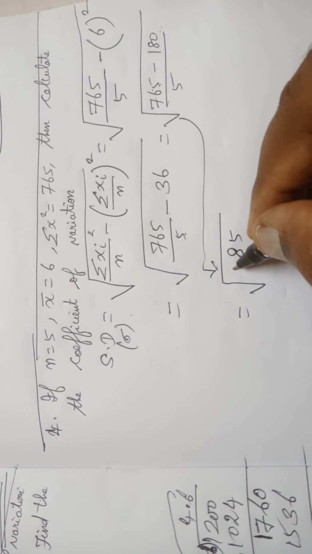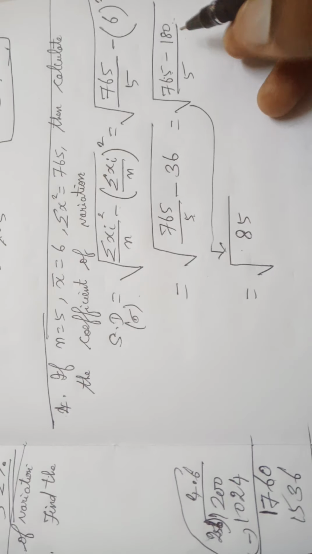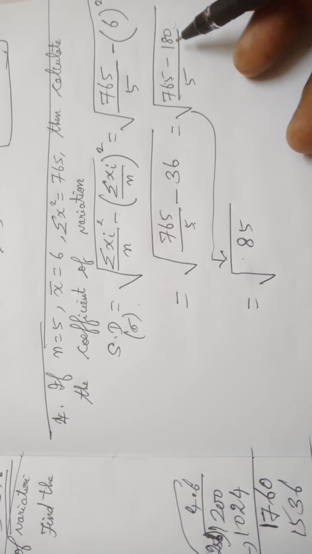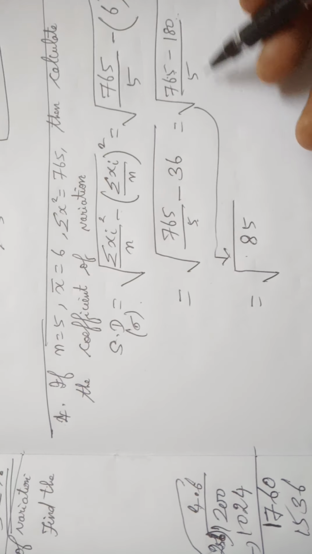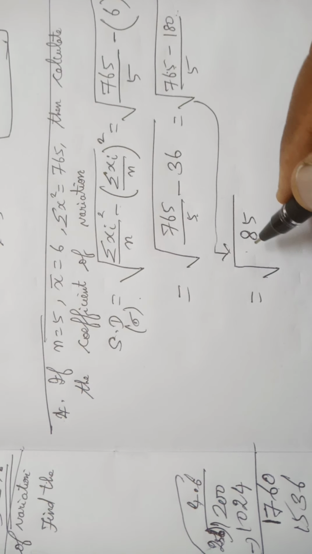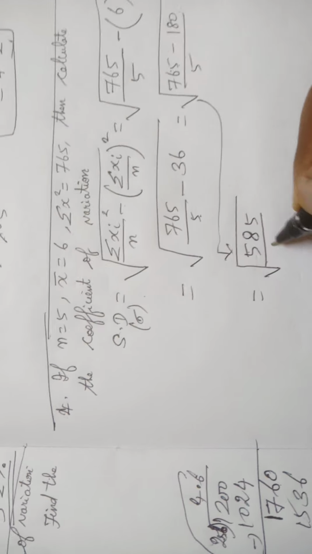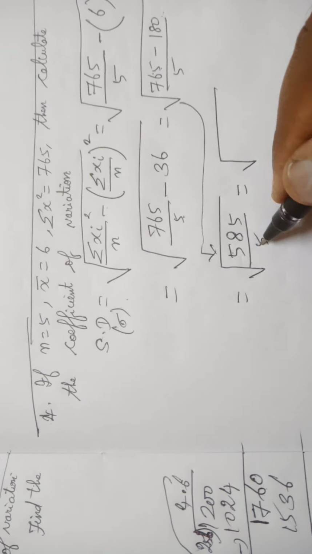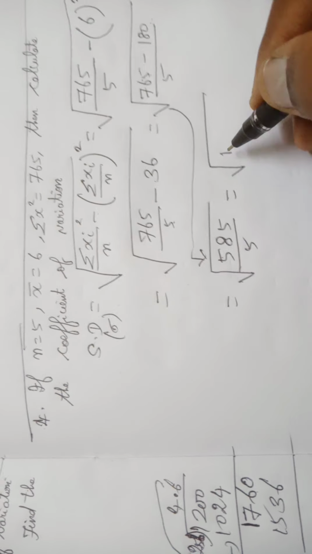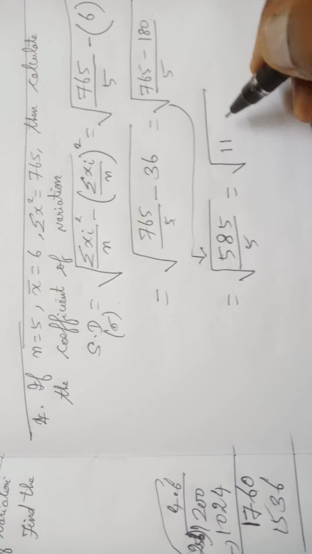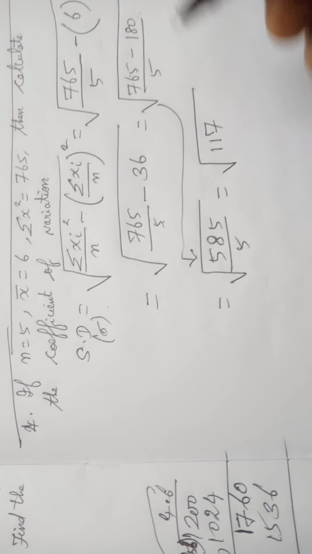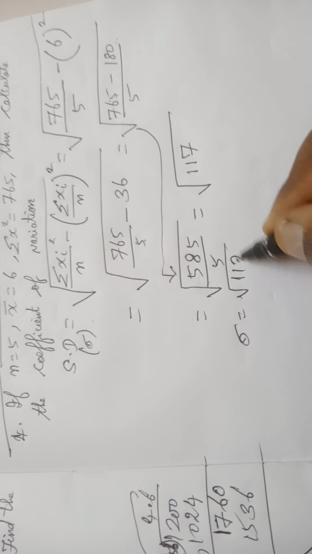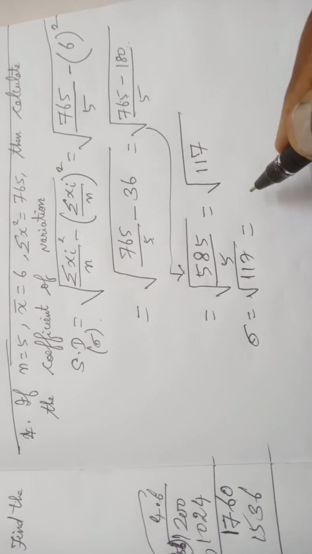The next one will come as 5 by 5. 5 divided by 5, 1. 8 divided by 5, 1. Balance 3, 7.